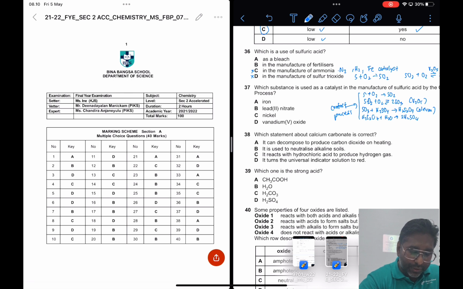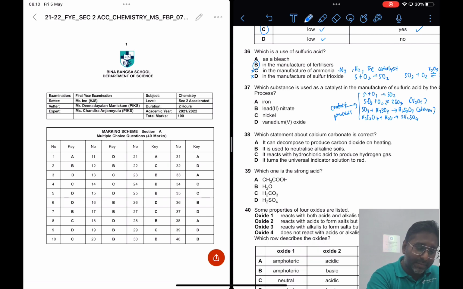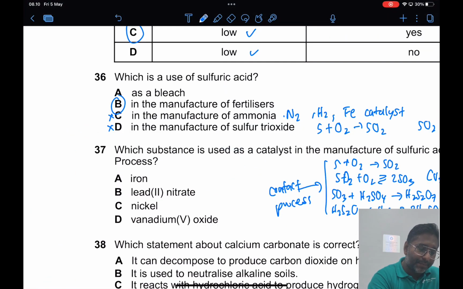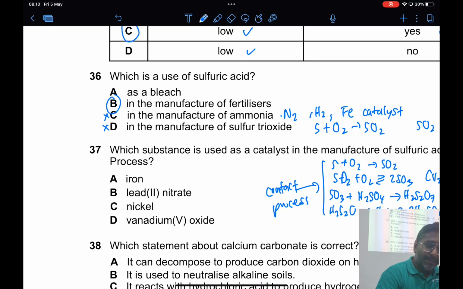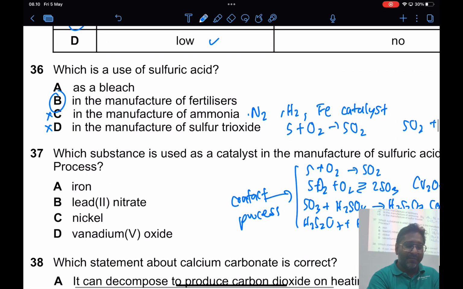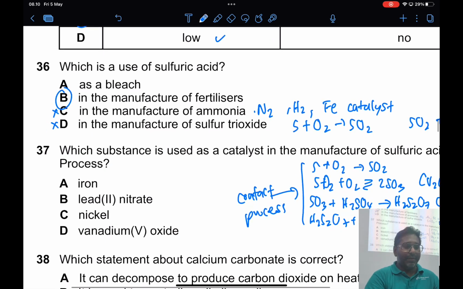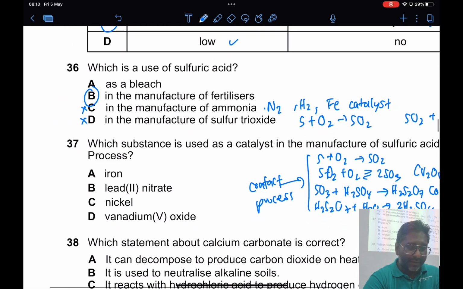So this is question 36. For 36, the answer is B, in the manufacture of fertilizer. Now can you see it's actually manufacture of fertilizers? Bleach, we use chlorine gas. So that's going to be the answer.